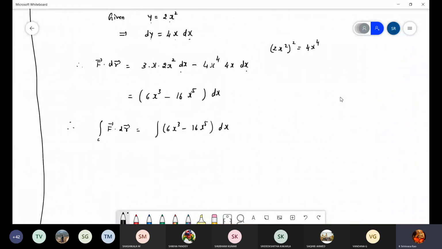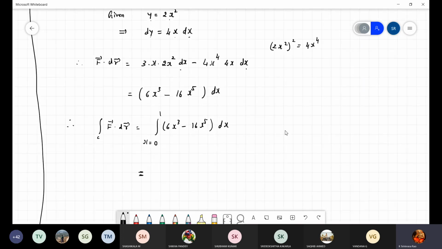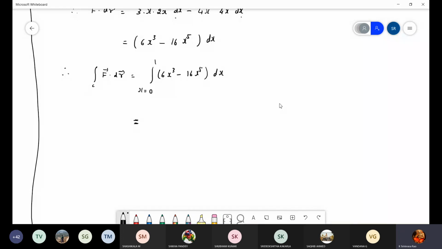Take down, x equals 0 to 1. Yes, integrate. Again, simple integration. For the integration, 6 into x cube integrates to x power 4 by 4, minus 16 into x power 5 integrates to x power 6 by 6. For this you have to substitute x equals 0 and x equals 1.